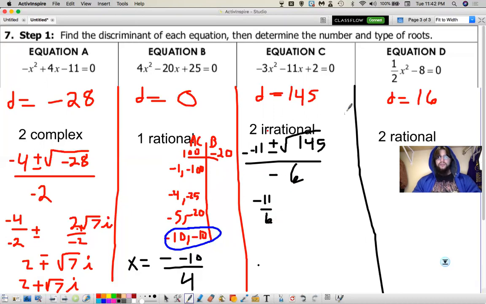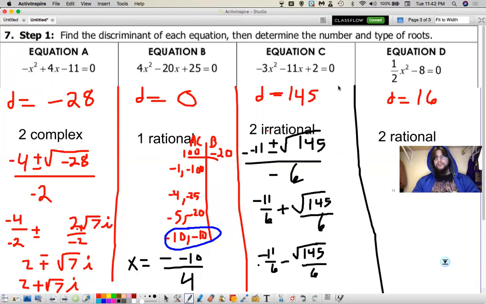And since that square root of 145 is not going to simplify, I'm just going to do plus square root of 145 over 6 and minus. Since I'm doing the plus or minus, that negative on the bottom is not going to change it. As long as you got both of them, you're good to go.